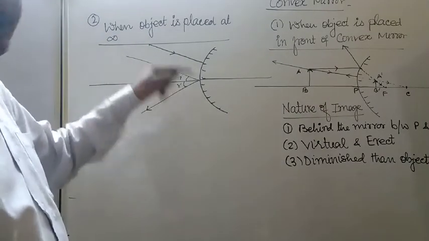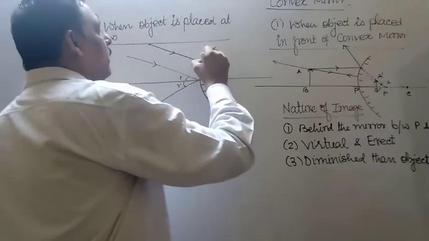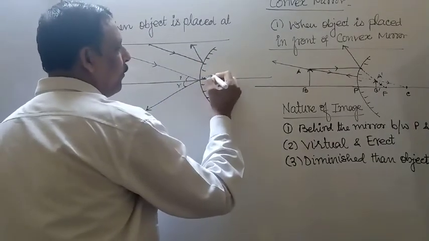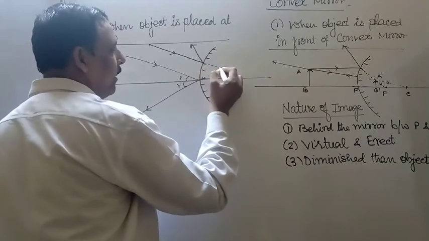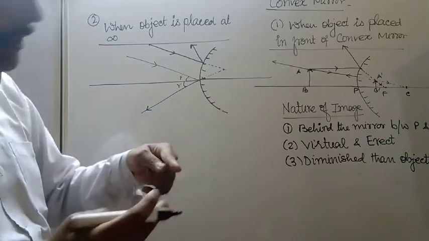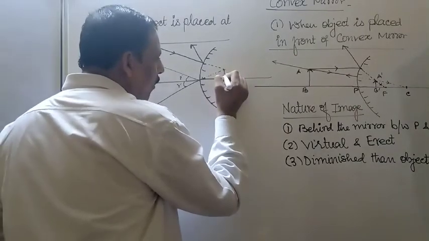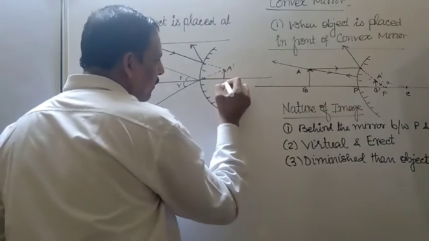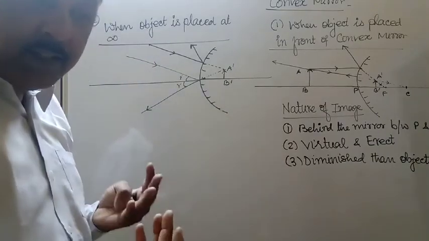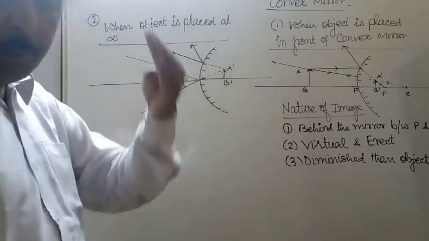It will also go this side at the same angle. If we produce these just behind the mirror, behind the mirror they will meet. A very small image A'B' will be formed behind the mirror.